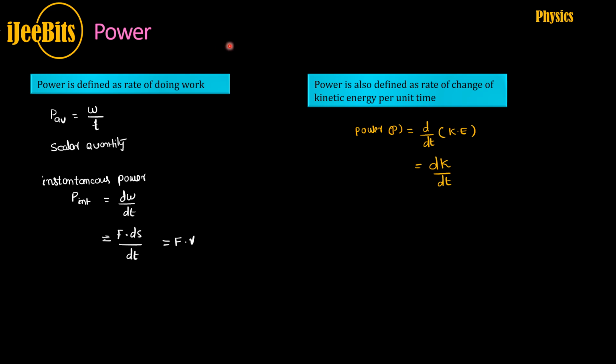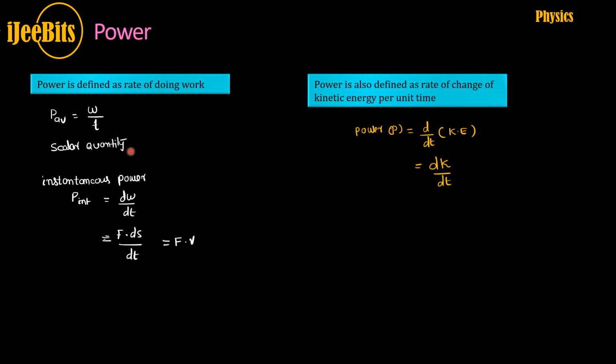Power. What is meant by power? Power is defined as a rate of doing work. So we have a work, and then we are trying to relate the work done by the time, which is nothing but your average power or the power. Power is a scalar quantity, right?